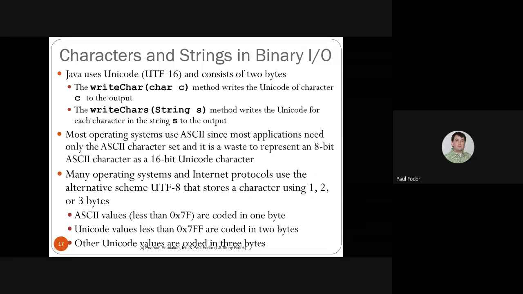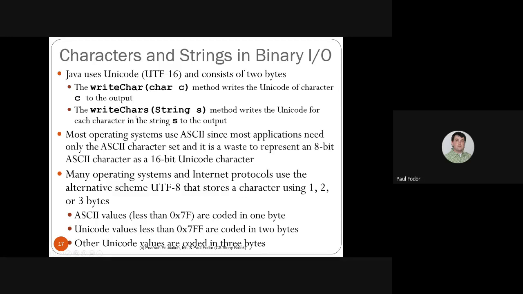So Java uses UTF-16, and every character consists of 2 bytes. Write bytes only writes 1 byte per character code. And the idea is that most operating systems use ASCII for most applications. Therefore, it would be a waste to represent an 8-bit ASCII character in a 16-bit Unicode encoding.